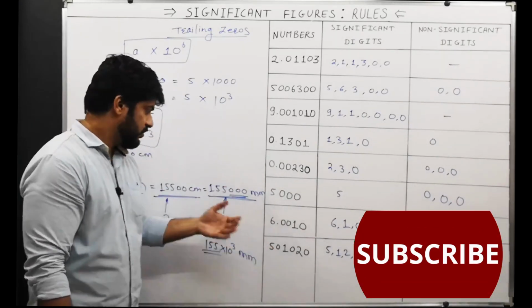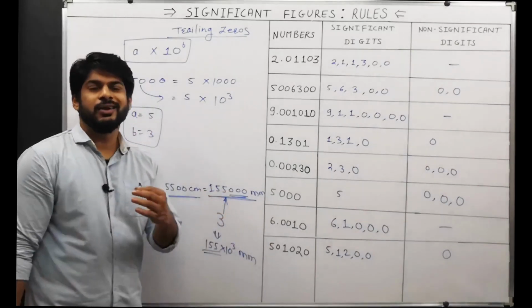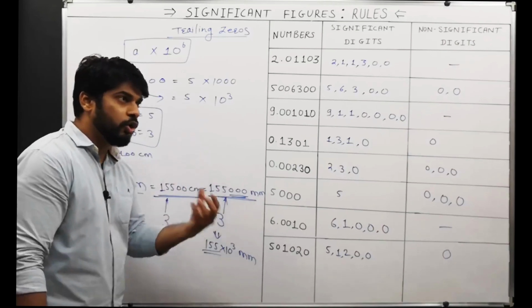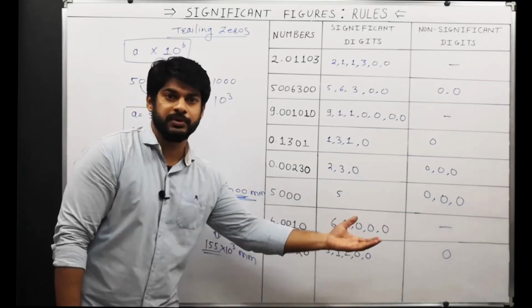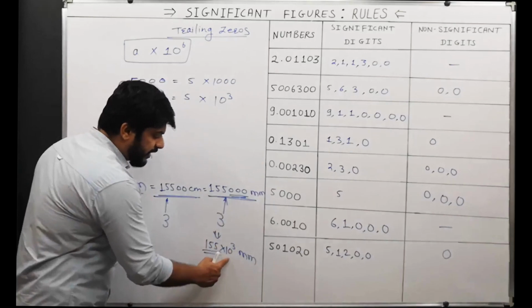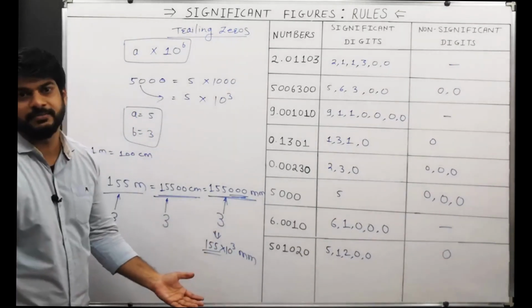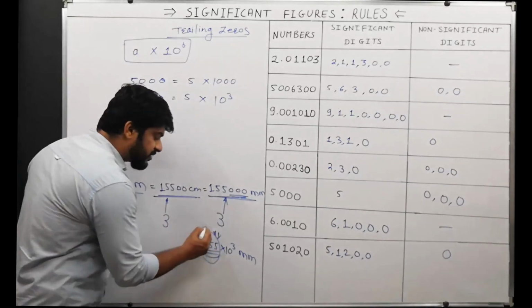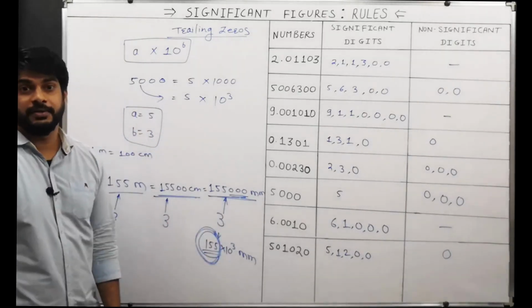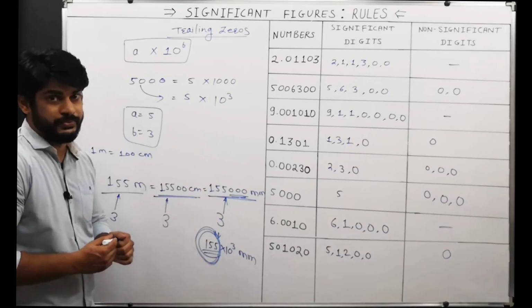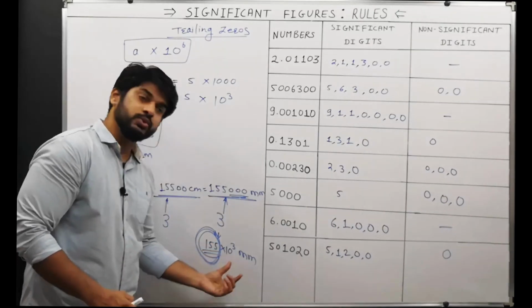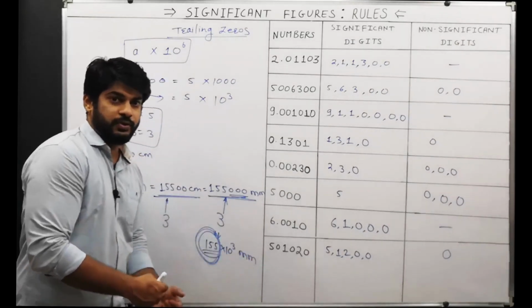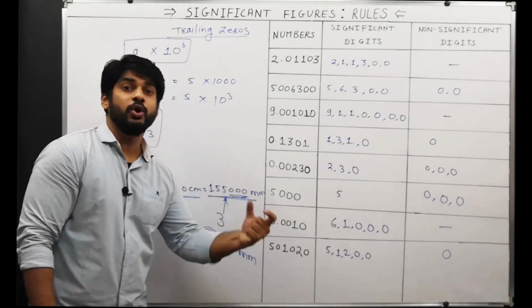These 3 zeros are not required to talk about the information hidden in the number, because they can be written as 10 raised to 3, in powers of 10. So all the information is conveyed by the number 155. This talks about the magnitude, and this 10 raised to 3 is called the order.